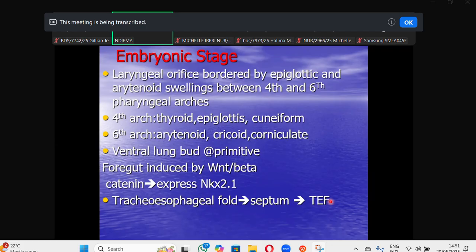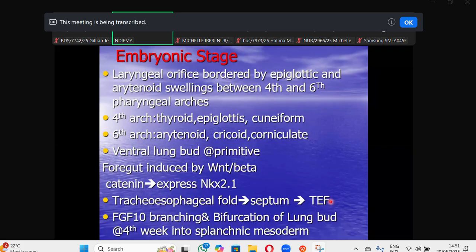This is a congenital malformation we'll be looking at later. We then have the fibroblast growth factor 10, which is very important in branching and bifurcation of the lung bud. So at the fourth week, this endoderm is growing into the splanchnic mesoderm, like I have said. So that is what completes the early development of the embryonic stage.